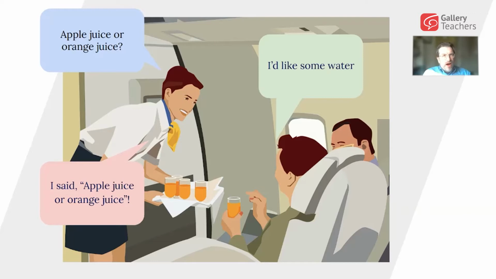It would be very odd for this interaction to occur where you ask for water and the flight attendant says, no, I said apple juice or orange juice. Those are your options. So our intonation, the way that we speak, is also an important factor in making meaning.